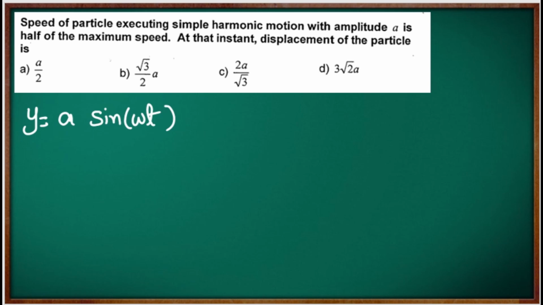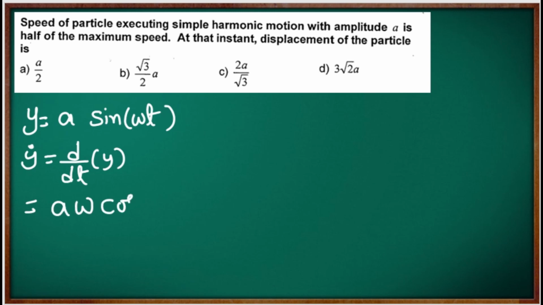Now the velocity can be obtained by the derivative of displacement, d by dt of y, which yields a omega cos omega t. Now maximum velocity is possible when cos is equal to 1. That is, when the angle is 0, cos will be equal to 1 and the maximum velocity is a omega.